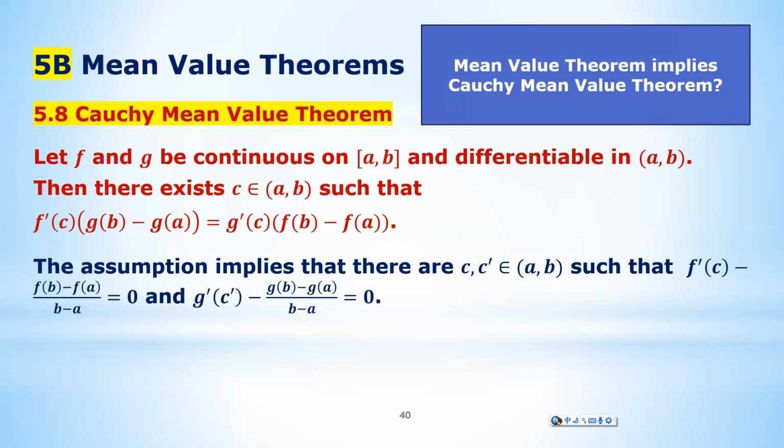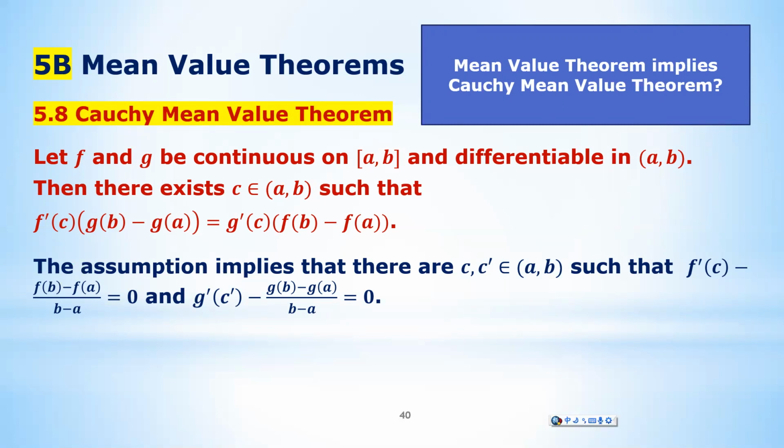So the assumption is that I can apply the mean value theorem to both f and g. This means that there is a c in (a, b) such that f prime c equals (f b minus f a) divided by (b minus a). That's basically the result of the mean value theorem applied to the function f.